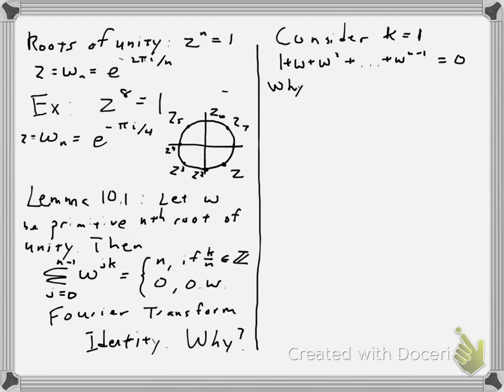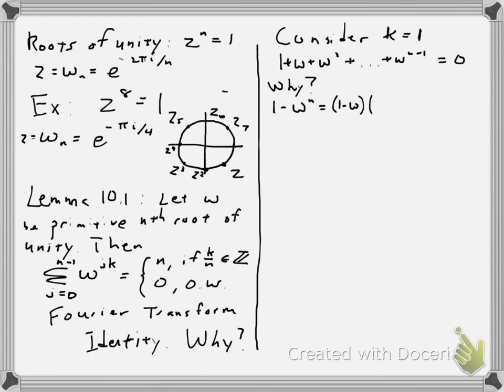Well, it turns out that if we consider the difference of 1 minus omega, and if you think about the finite geometric series formula, which is 1 minus omega to the nth power divided by 1 minus omega, I'm actually going to multiply by 1 minus omega, and what does that equal?